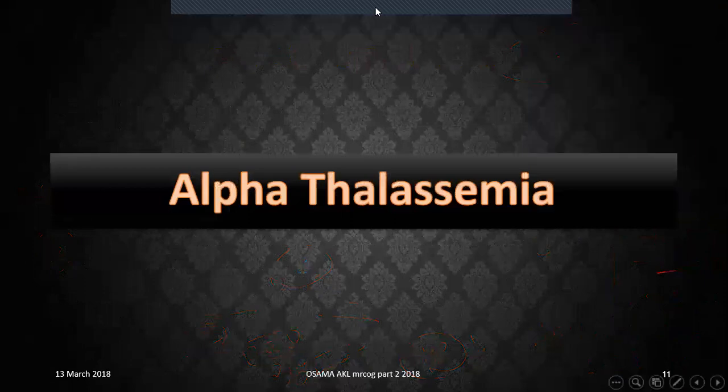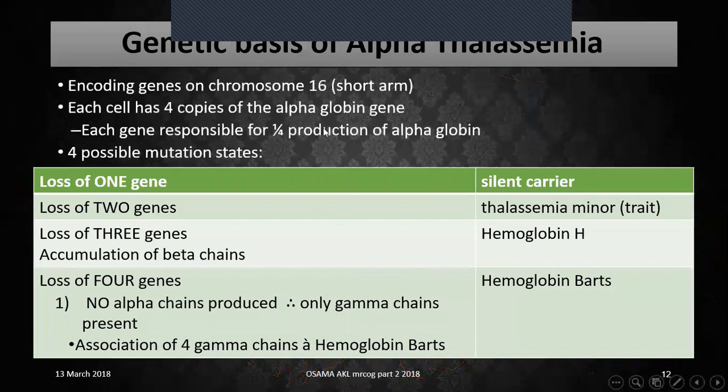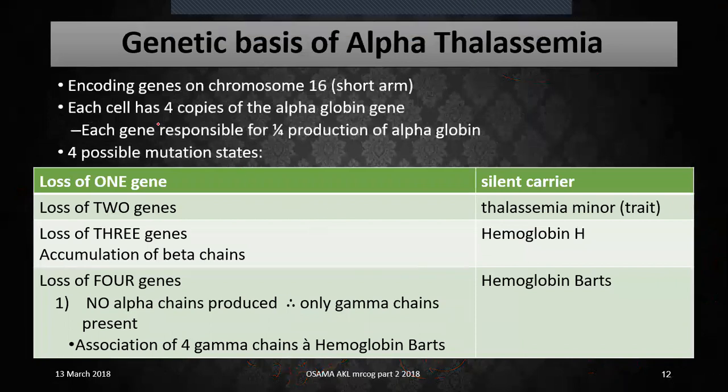So we will start talking about alpha-thalassemia, which is encoded by 4 genes on chromosome number 16. And we said that if all 4 genes are absent, this is incompatible with life. This baby will die as hydrops fetalis or very soon after delivery.